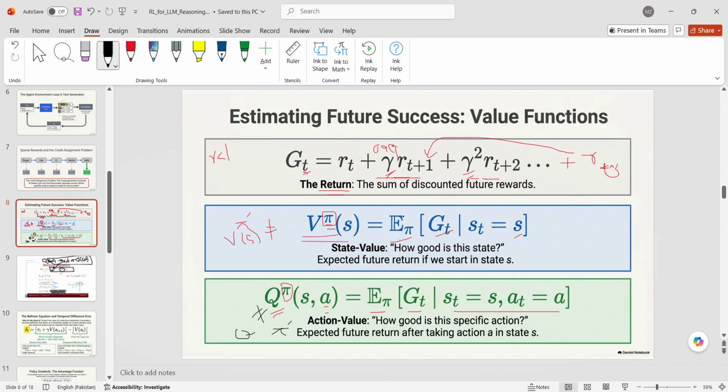We saw their formulas: the return that you expect from a given state S is given by the state value function, and the return that you expect given a state S and a taken action A is given by the action value function.